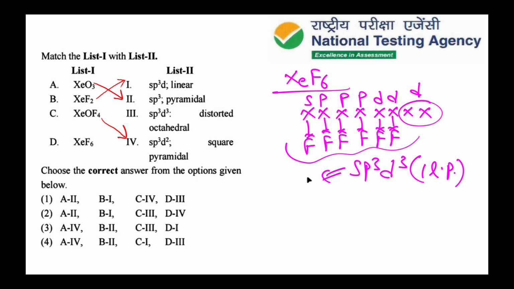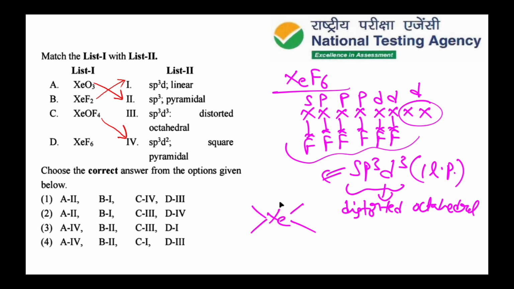Originally sp3d3 is pentagonal bipyramidal. Now because of 1 lone pair, it has a distorted octahedral shape. So this is XeF6, containing 1 lone pair.